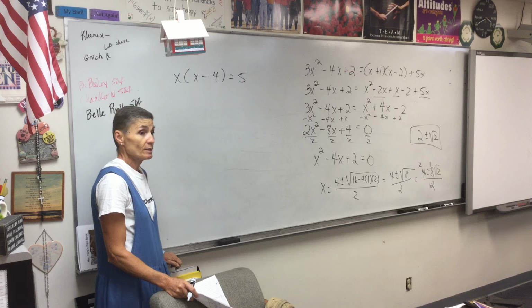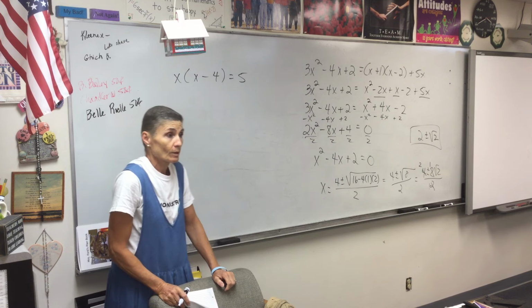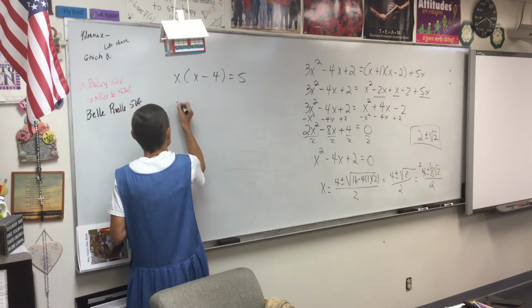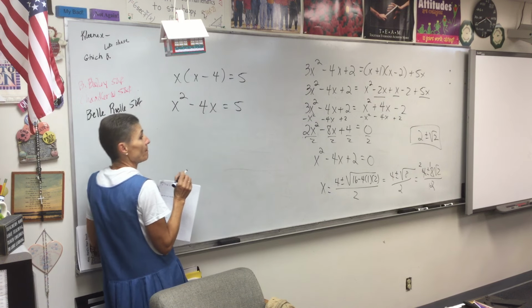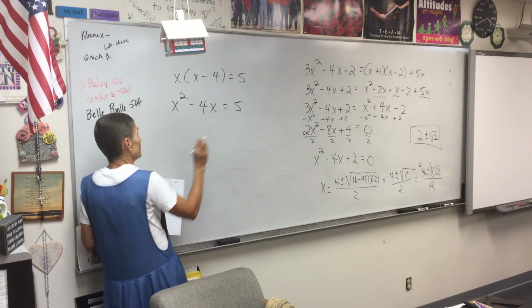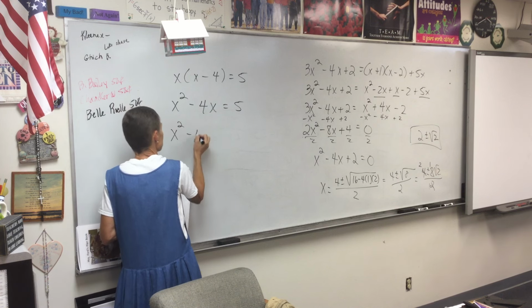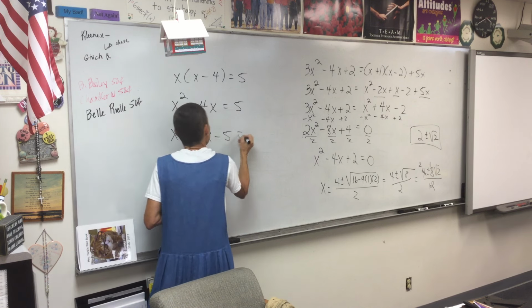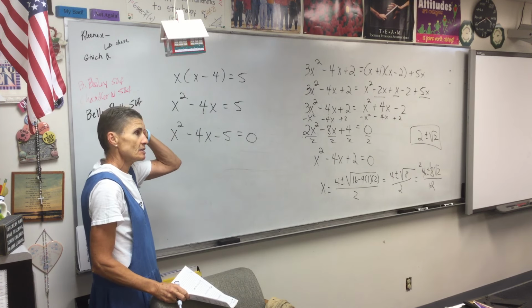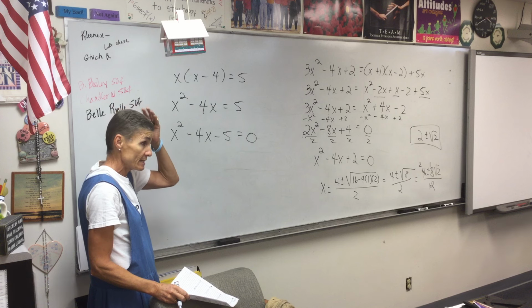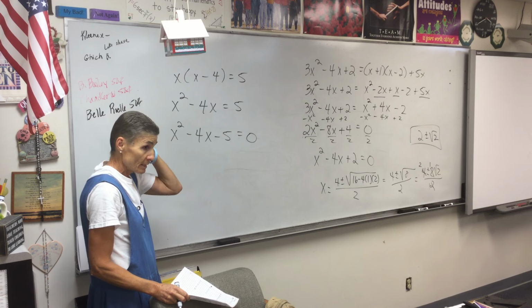All right, what are we going to do with this guy? We're going to distribute our x, and then what? Move the 5 to the other side. And this one actually does factor.